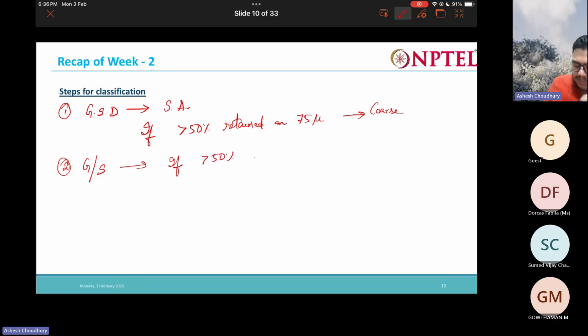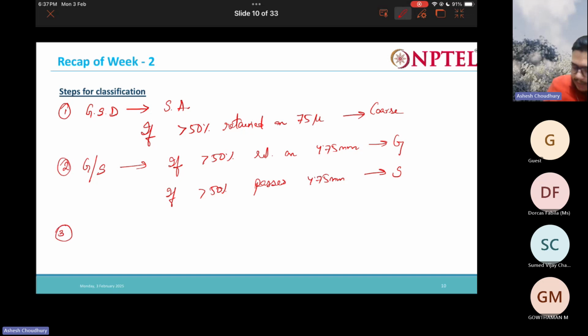If more than 50% of the soil particles are retained on the 4.75 mm sieve, then it is gravel. And if more than 50% passes the 4.75 mm sieve, then it is sand.